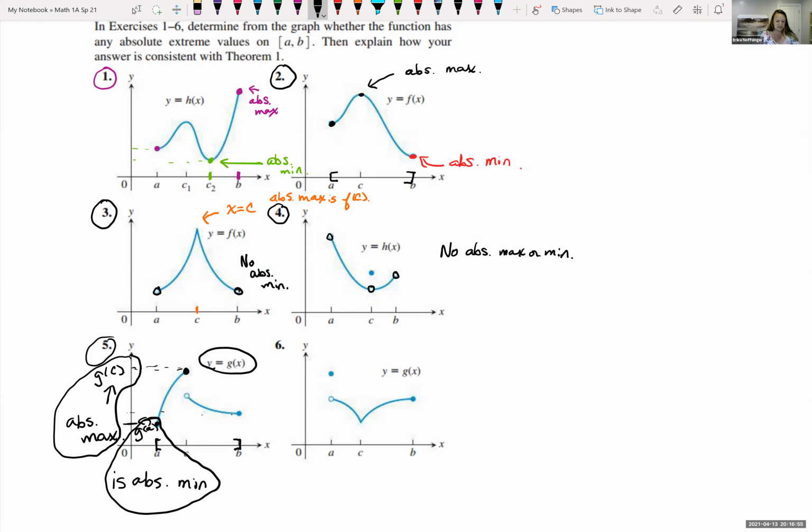Last but not least, number 6, the condition doesn't hold for the extreme value theorem. It's not a closed interval, it's just closed on the right-hand side at B. This is continuous everywhere, well, not at X equals A, but from A to B. If I look at this though, this has an absolute minimum at X equals C. So that's the smallest value.